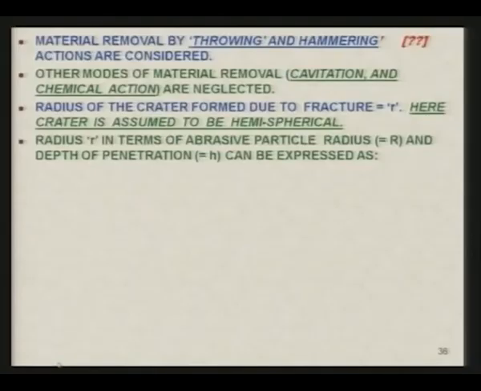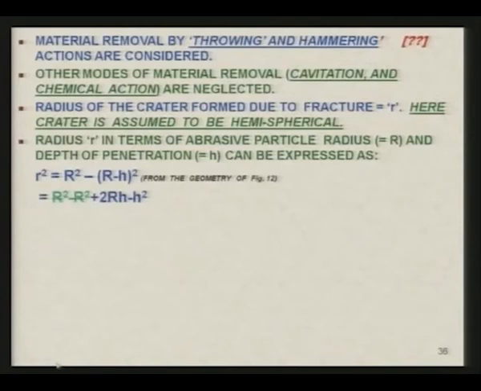The radius r in terms of the abrasive particle radius and depth of penetration small h, as I have shown earlier, can be expressed like r square is equal to capital R square minus within bracket R minus h whole square, and this is very clear from the previous slide where the figure is shown.